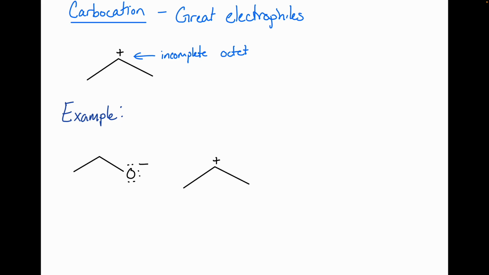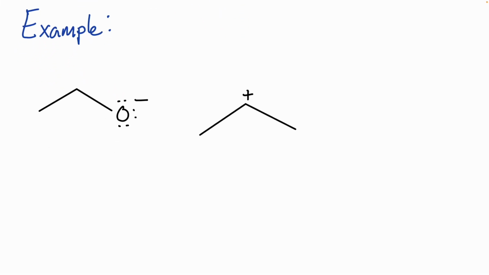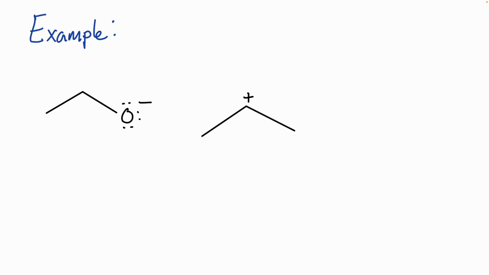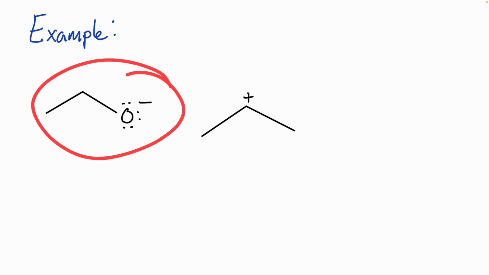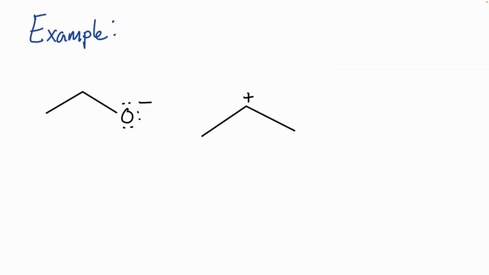All right, our first step in predicting our reaction mechanisms is to try to figure out what's going to be playing the role of the nucleophile and what's going to be playing the role of the electrophile. So given these two molecules here, which one do we think is going to play the nucleophile, the left or the right? And why do I know it's that one? Because that negative charge. So here's my nucleophile.